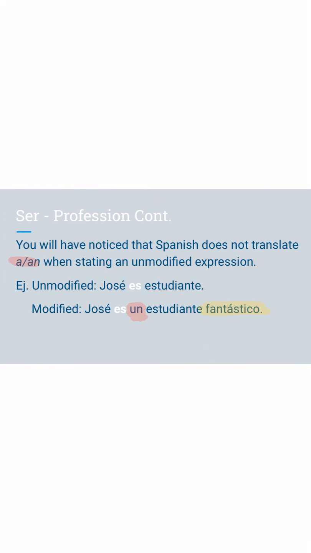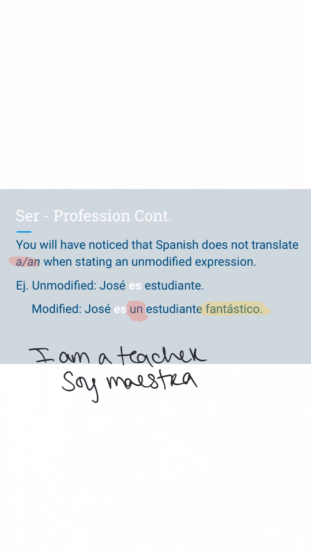Because I described how he was, that's when I've included this little indefinite article there, okay? So if I wanted to say, for example, that yo soy maestra, or I am a teacher, I would write that as soy maestra. I am a teacher.